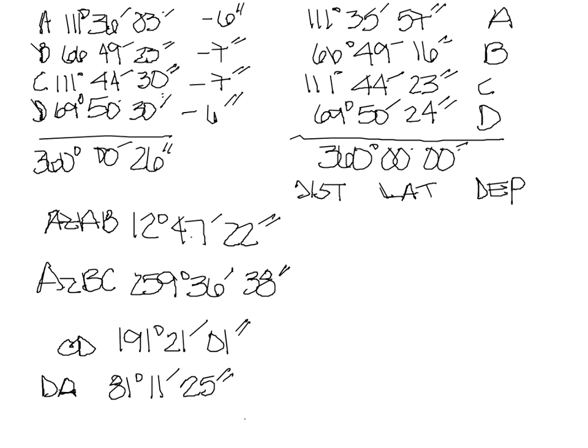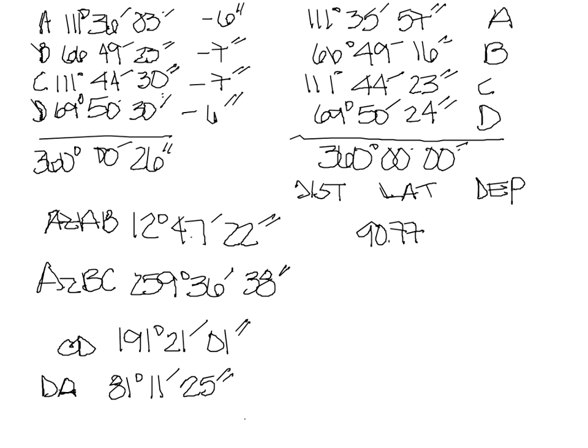Okay? So the latitude for segment AB is equal to 93.08 feet, the distance of segment AB, times the cosine of 12 degrees, 47 minutes, and 22 seconds, which gives you 90.77 feet.